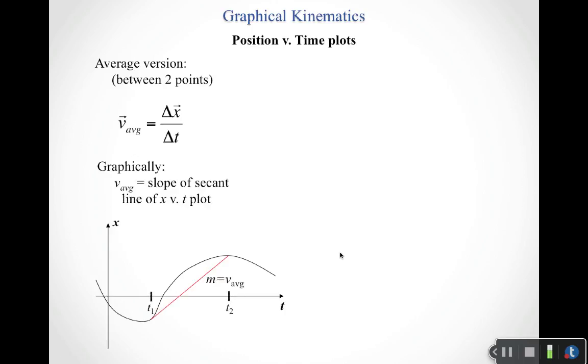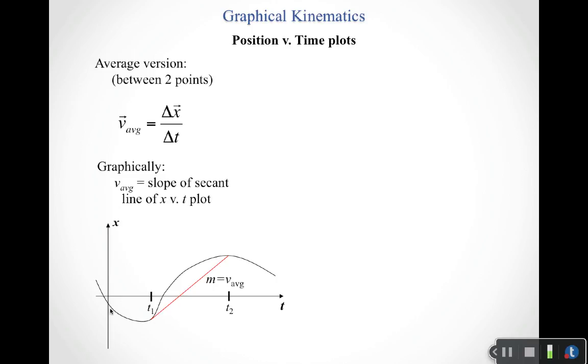Well, the first thing we can talk about is, again, the average version, thinking about our average quantities. Basically, if you look between 2 points, pick any 2 points, here we'll happen to pick this time t1 and this time t2. By looking at the value of the position at t1 and at t2, and computing x2 minus x1 over t2 minus t1, that's going to give you the average velocity.